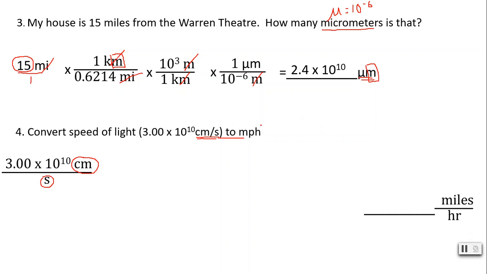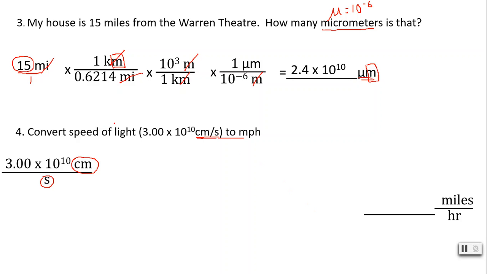And then I'm going to do the same thing with the mph, writing it so I can clearly see that miles is in the numerator and hours is in the denominator. I recommend that you do that, particularly when doing unit conversions with problems that have a unit in the numerator and in the denominator.